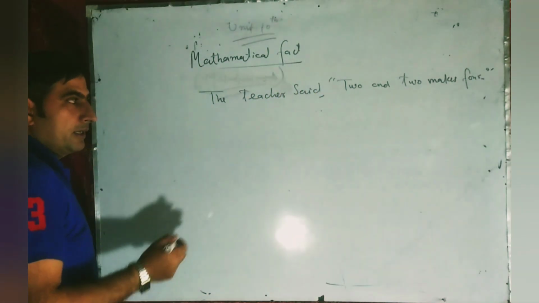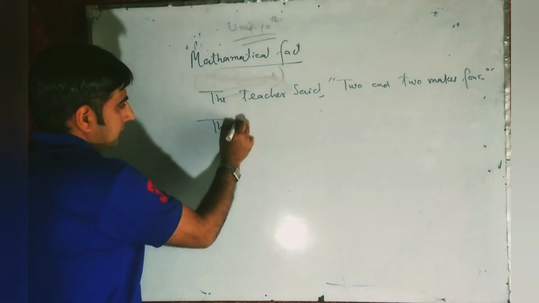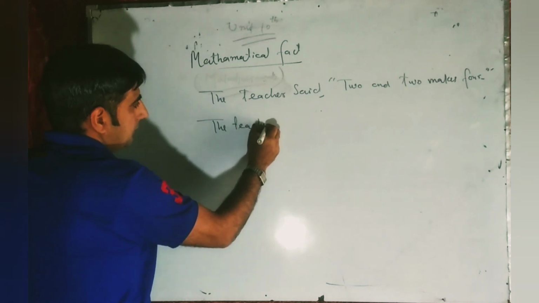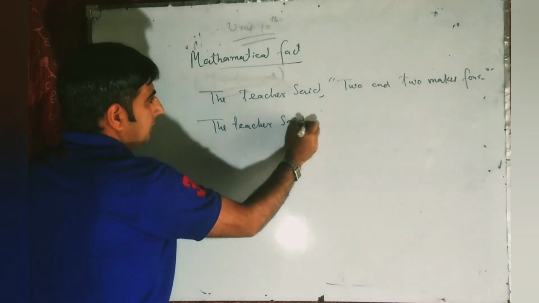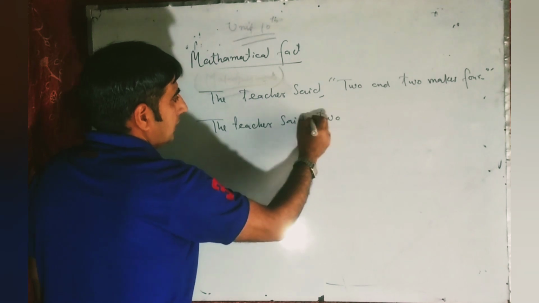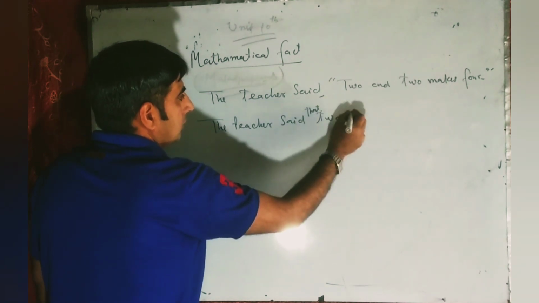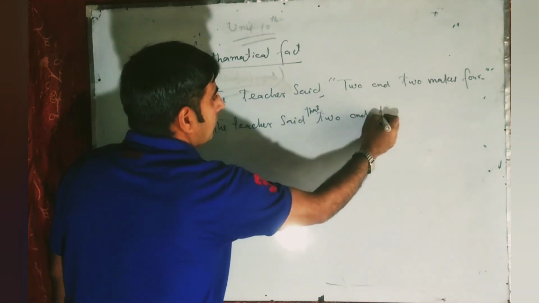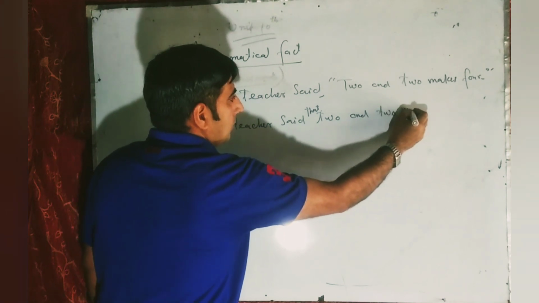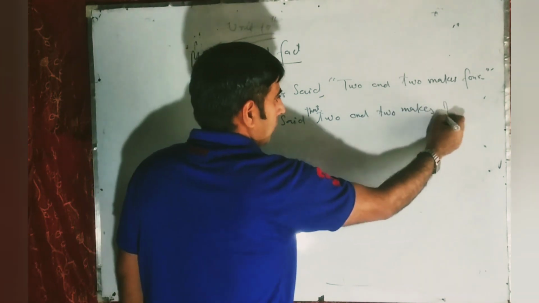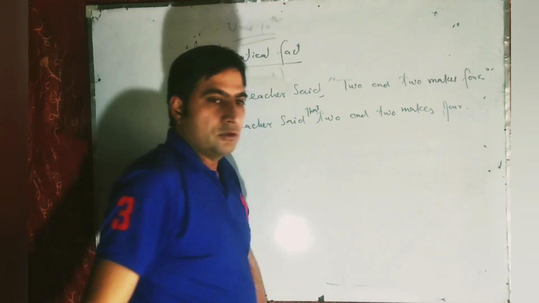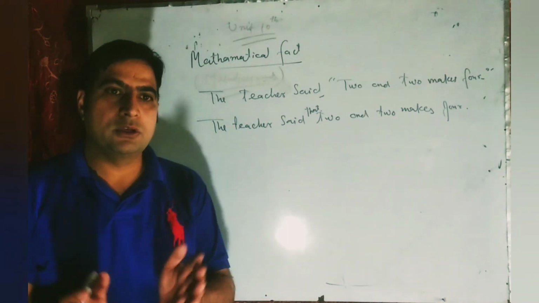So this is a mathematical fact. The teacher said that 2 and 2 makes 4. So these were some exceptional rules.